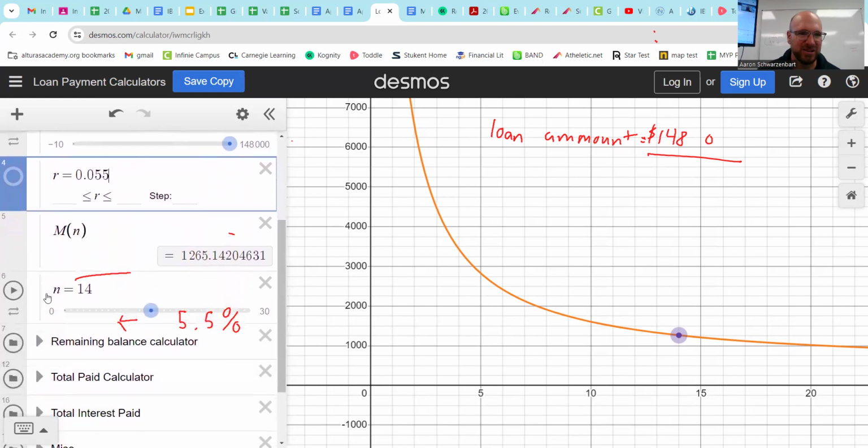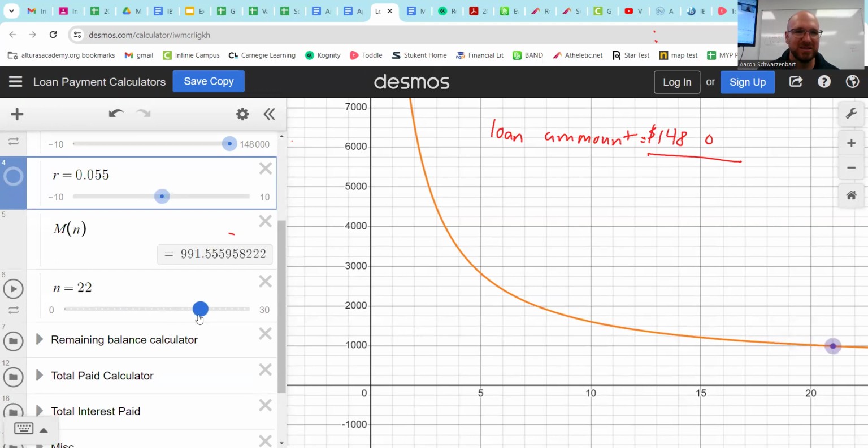Now I'm going to scroll down here. This N, what do you think N would represent? Number of years. You can adjust this. What do you think M of N represents? Monthly payment.